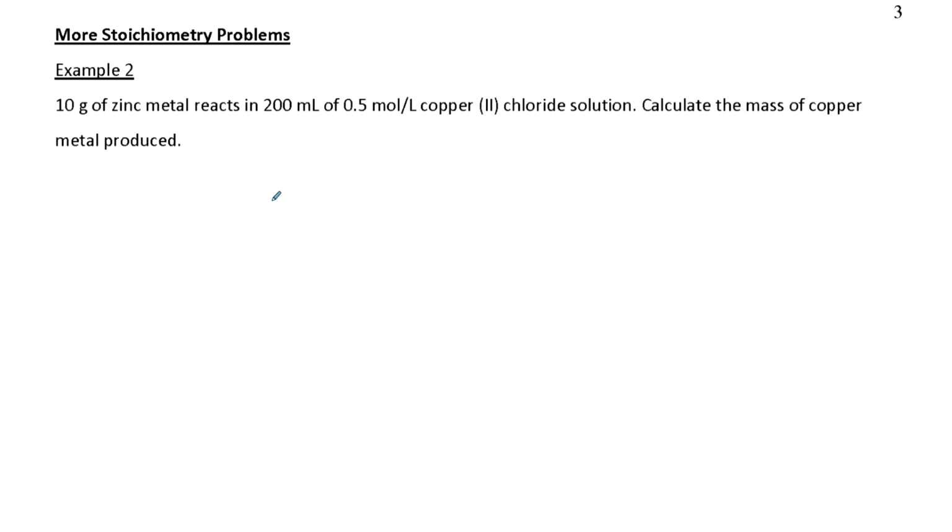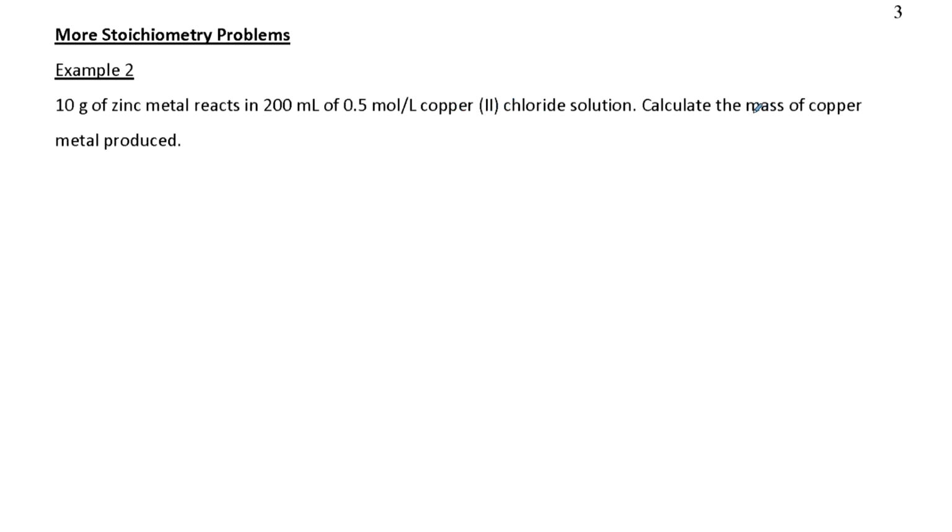This one is a tiny bit different in that you've got a mass of one of your reactants, because zinc is just a metal, so we have its mass in grams, and that piece of zinc metal is being placed into a solution. For the solution, we have the volume and the concentration, and it's copper 2 chloride solution.